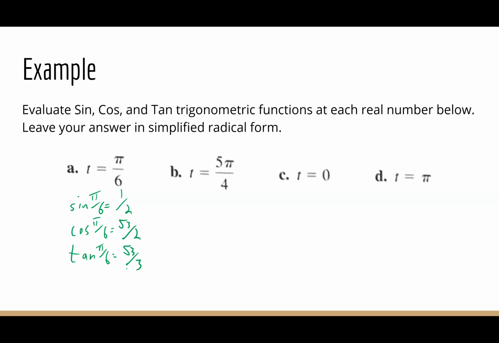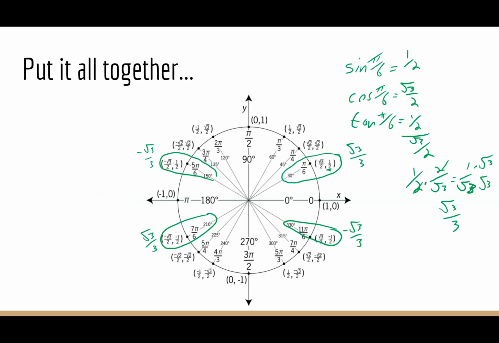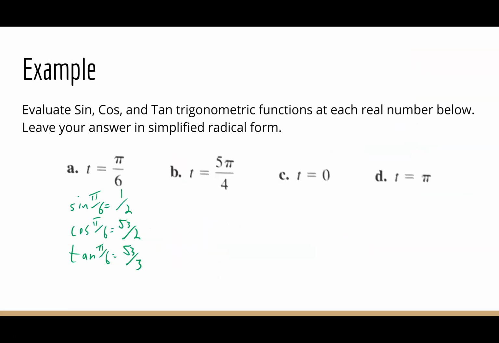Okay. So B, 5 pi over 4. First of all, let's find it. 5 pi over 4 is right there. So both the x and y are negative square root of 2 over 2. So sine 5 pi over 4 is negative square root of 2 over 2. Cosine 5 pi over 4 is negative square root of 2 over 2.